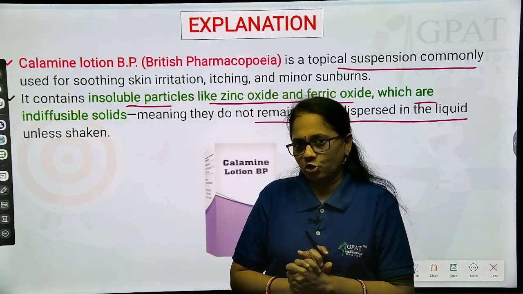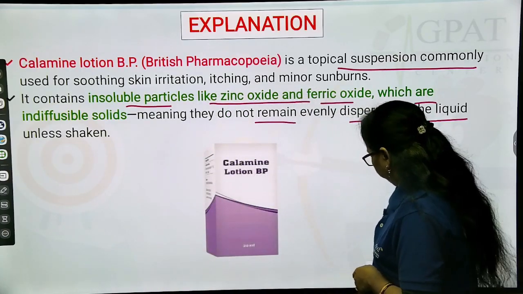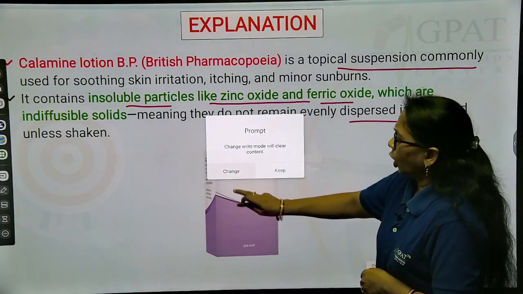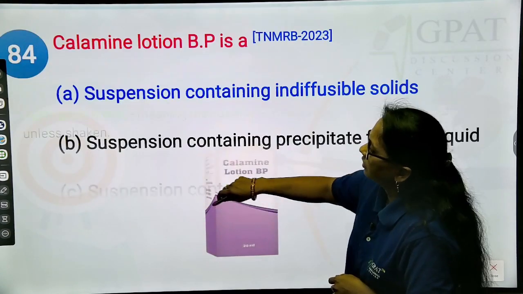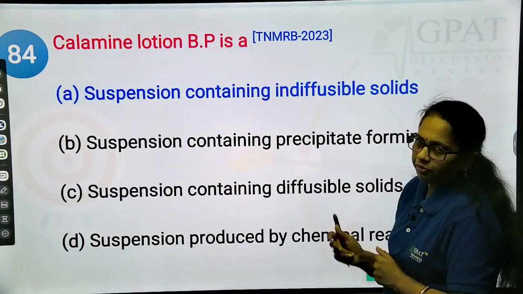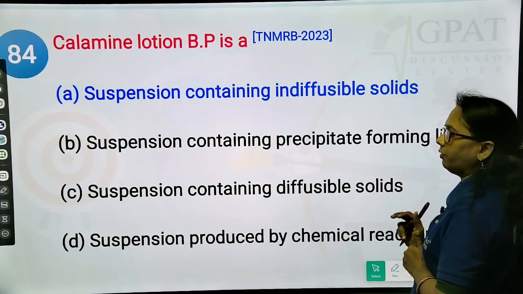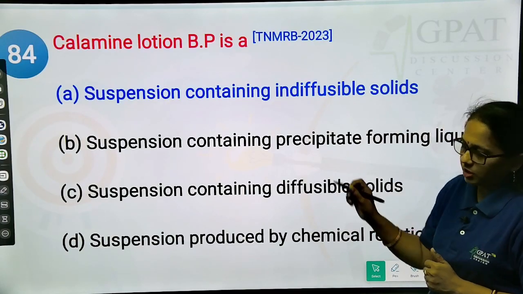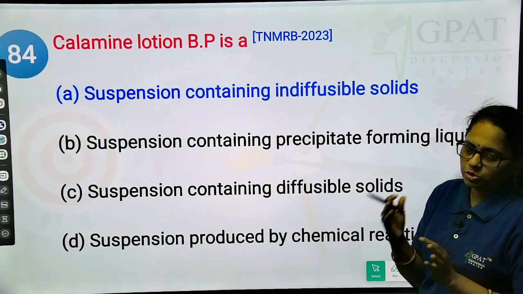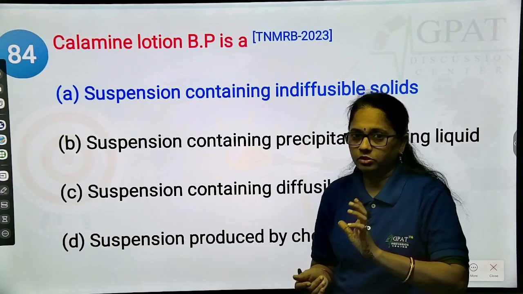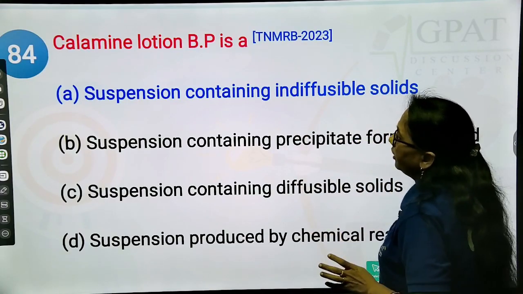If you observe the options they have given, suspension containing indiffusible solids and suspension containing diffusible solids. In this, option A, indiffusible solids, unless shaken. Okay. So, this is going to be the right answer.